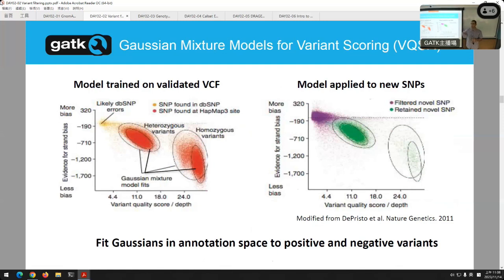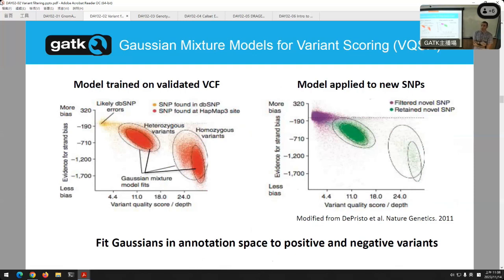HapMap, again, is a big public data set and very strong reliability, and those are red. And also, if it showed up in something called dbSNP. dbSNP was also a catalog of SNPs and indels in the US, supported by the National Institutes of Health, that is less reliable because it wasn't the government creating call sets. It was PIs and researchers contributing their variant calls.